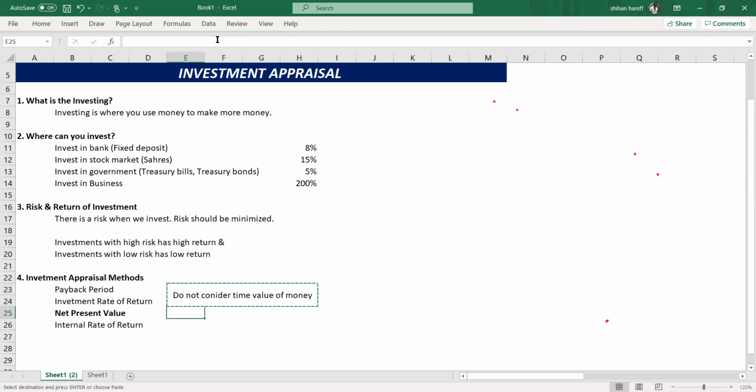And the other two methods consider the time value of money.